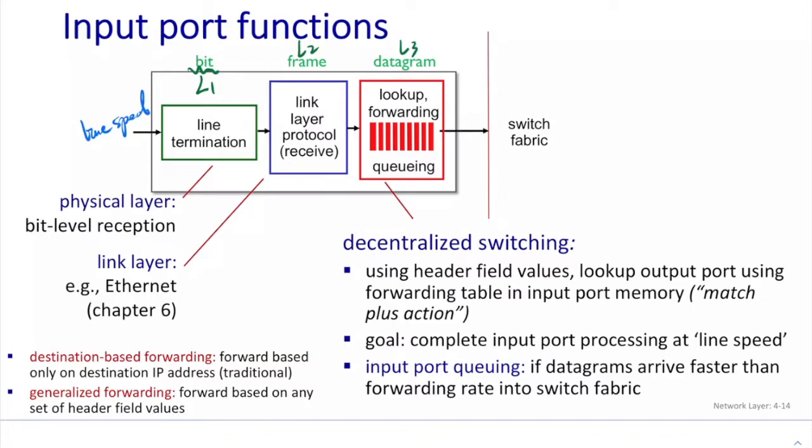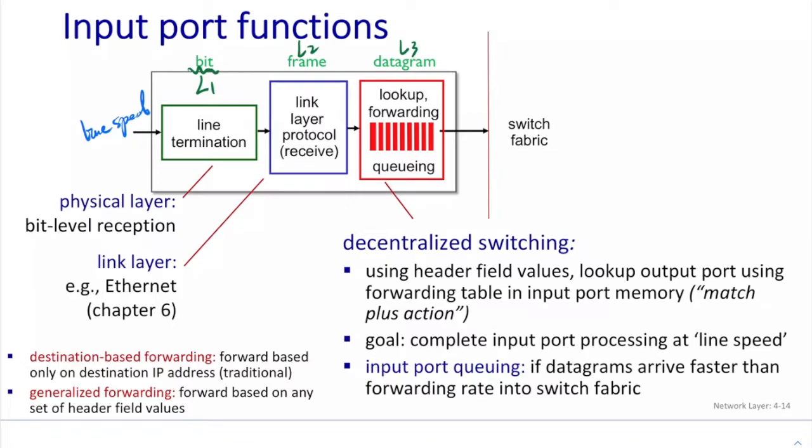Every datagram will look up the forwarding table to find the appropriate output port, by using the header field values, and usually we use the destination address. So we have a match plus action.